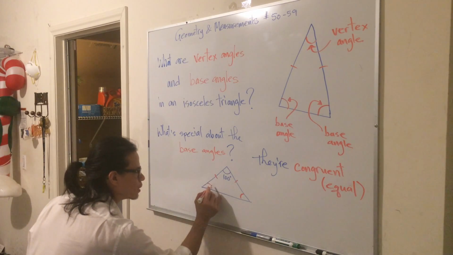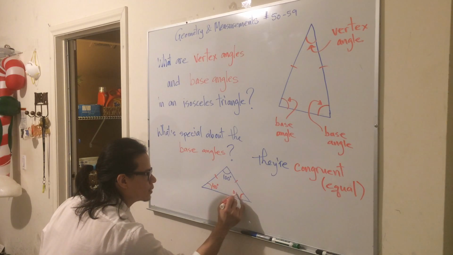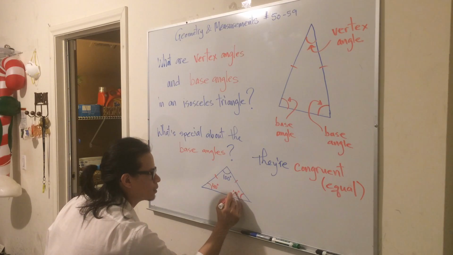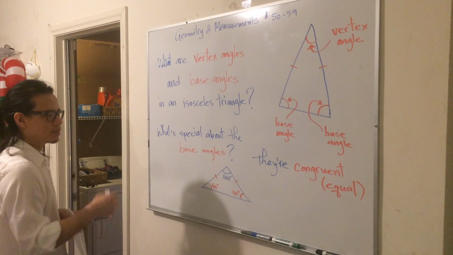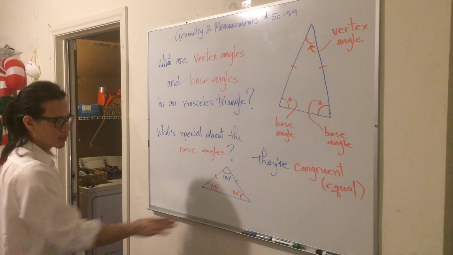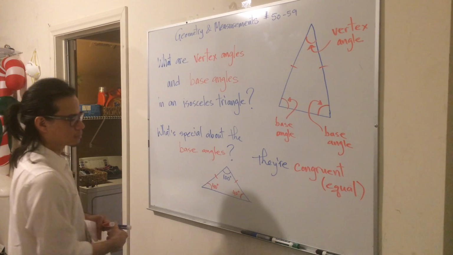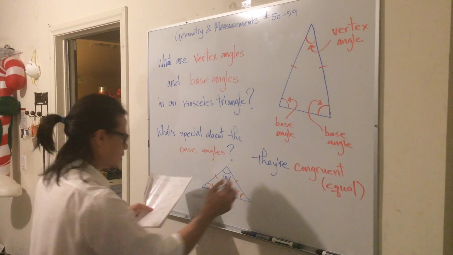If you say 40, you are correct, because 40 plus 40 is 80, right? And then add another 100 is 180. So that would give us exactly 180 degrees.